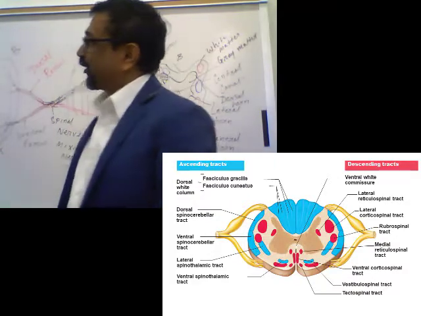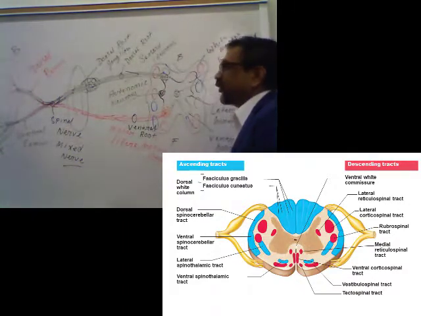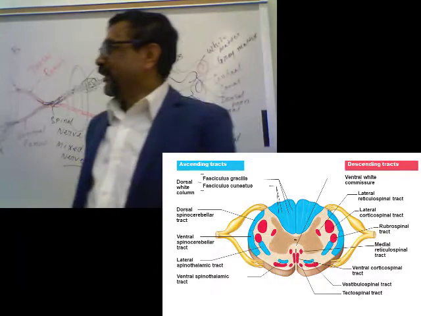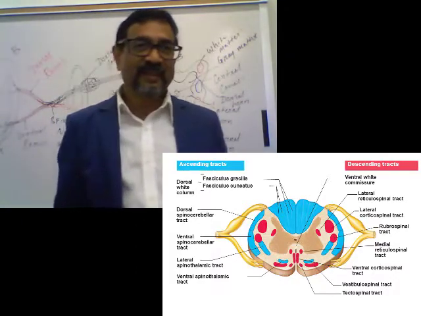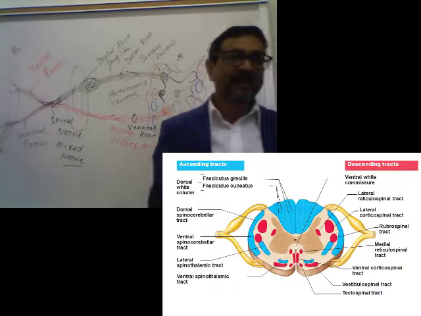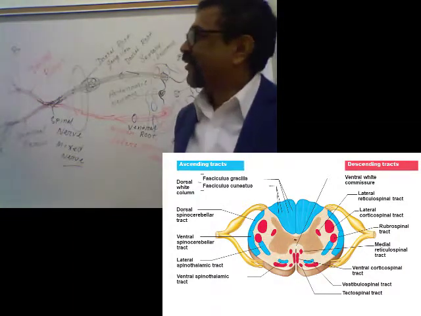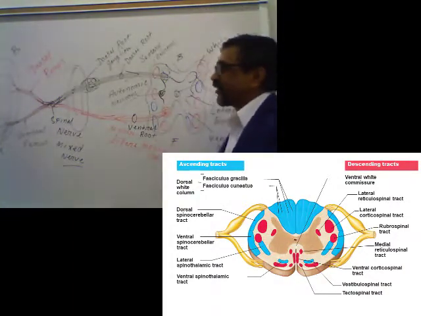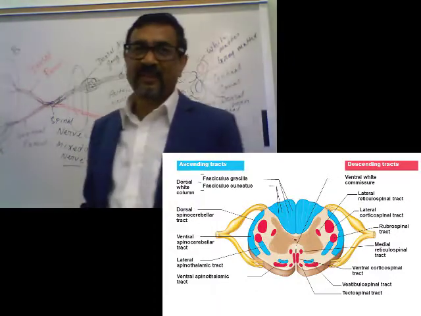Then in the back part you have two fasciculus. It's like a tract, not different than a tract, but they are called fasciculus. Fasciculus gracilis and fasciculus cuneatus.